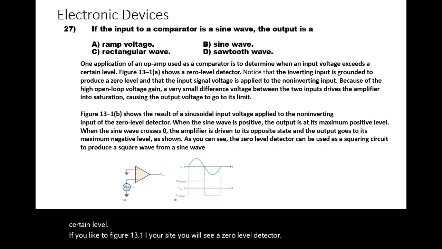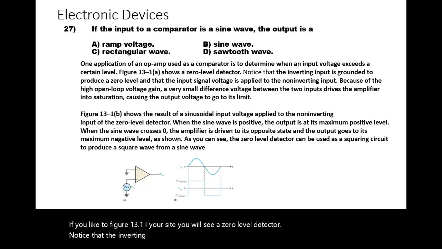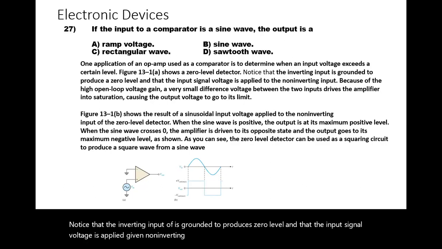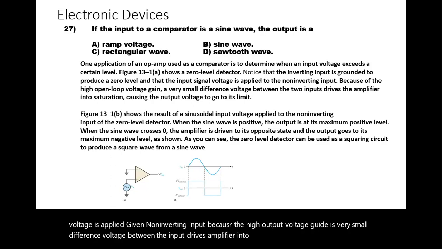Notice that the inverting input is grounded to produce a zero level, and that the input signal voltage is applied to the non-inverting input. Because of the high voltage gain, a very small difference voltage between the inputs drives the amplifier into saturation, causing the output voltage to go to its limits.